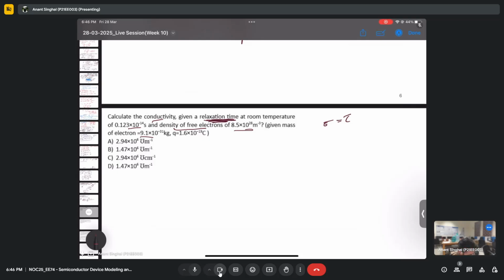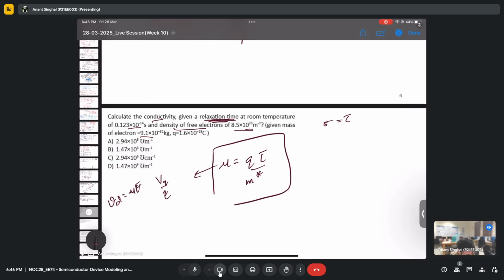What we studied is the derivation of mobility, in which we said that the mobility is q tau by m star, where m star is the effective mass. Mu is nothing but vd by E, since vd equals mu E. I guess everything is given.